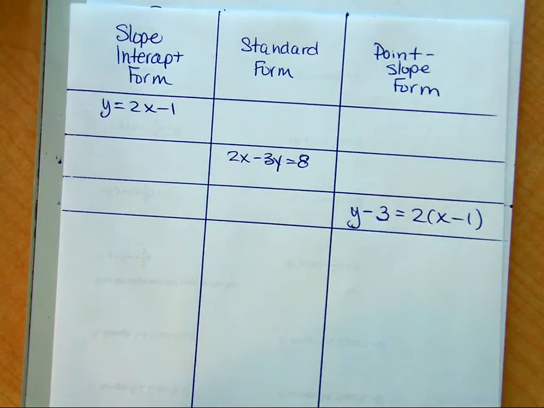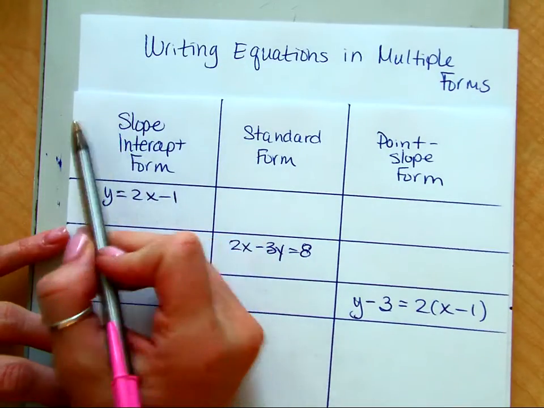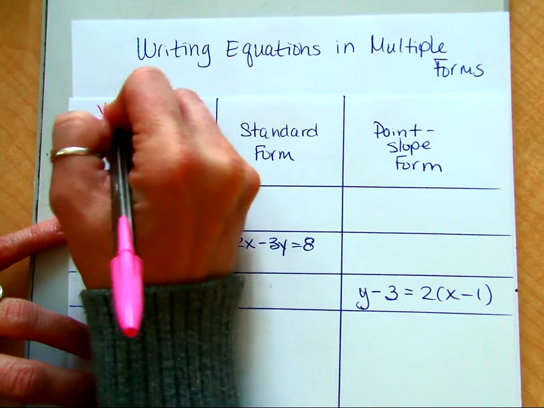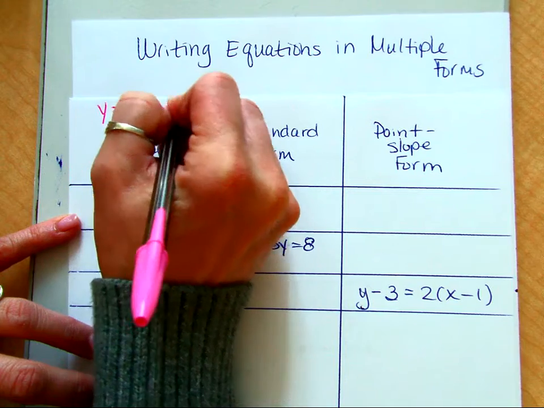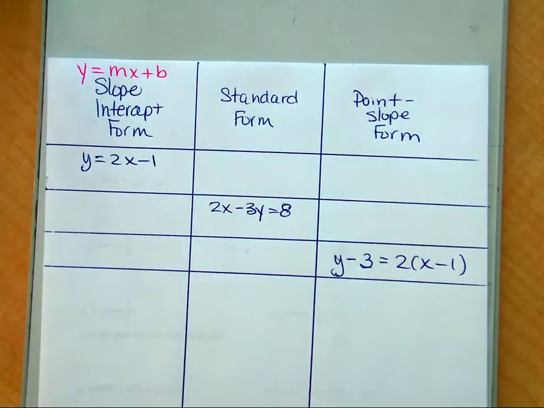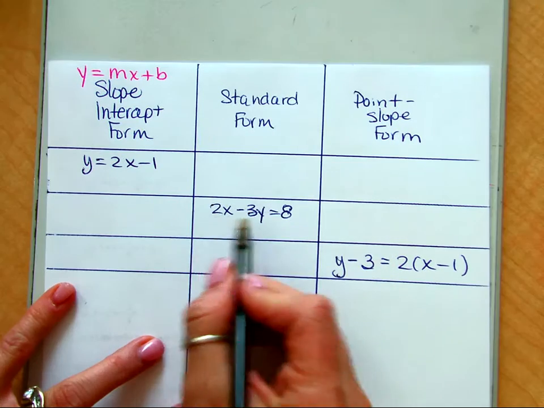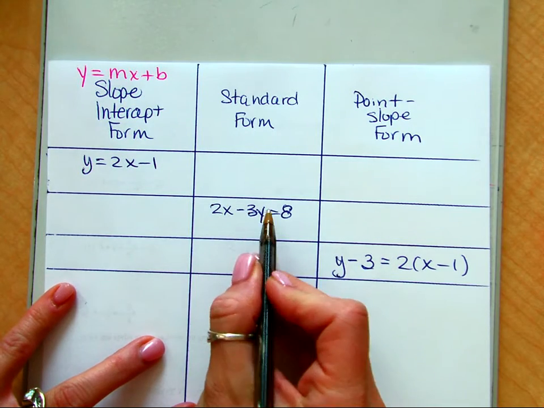I'm going to actually have you, first of all, it's important that you know what these forms are. So we know slope-intercept form is mx plus b, right? You may or may not know standard form, does everybody recognize that? We've seen it before.